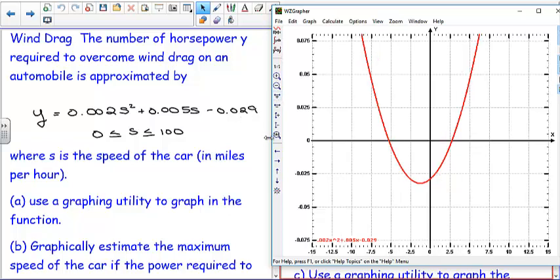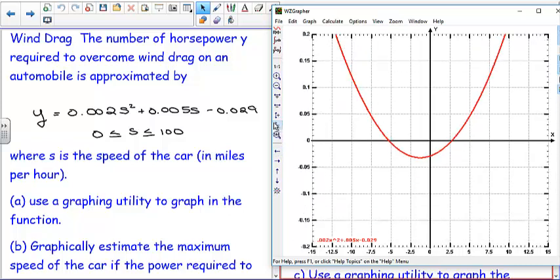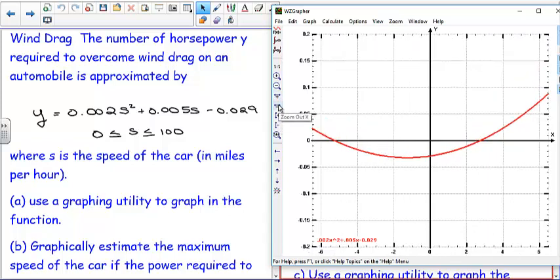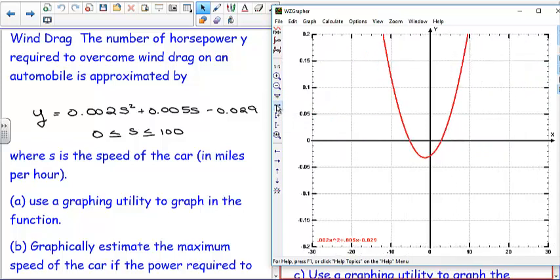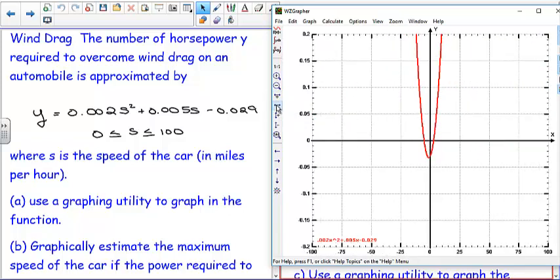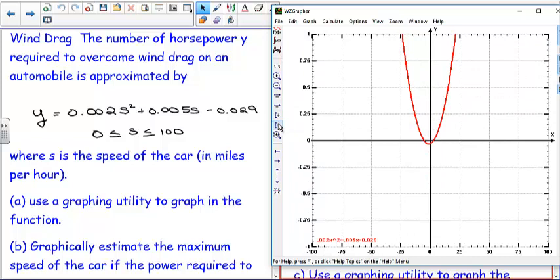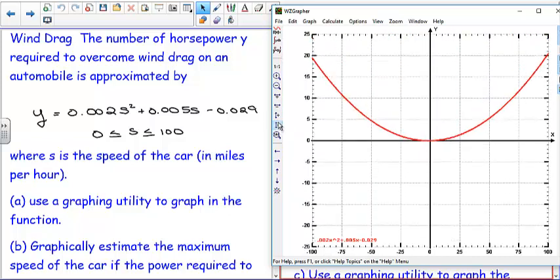And then I need to zoom out in the y direction. I keep going the wrong way. Okay, zoom out. So that has to be up to 100 again. So there's the domain. And now I have to do it the other direction. There we go.